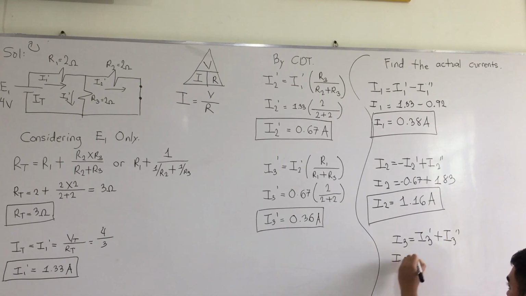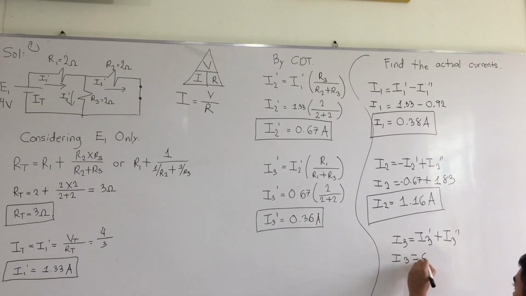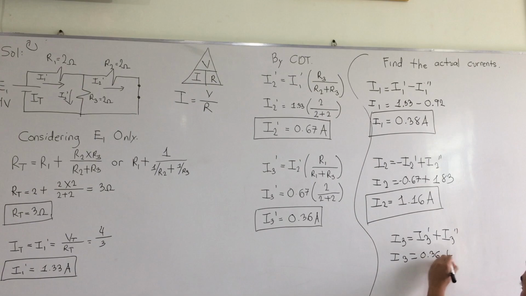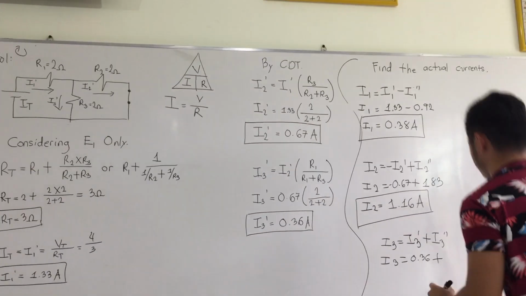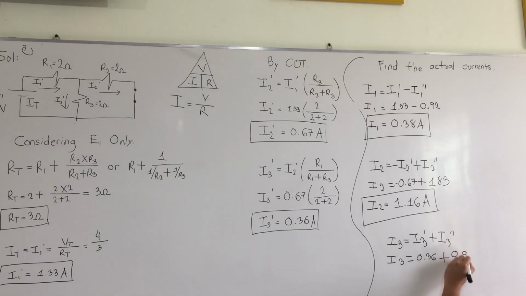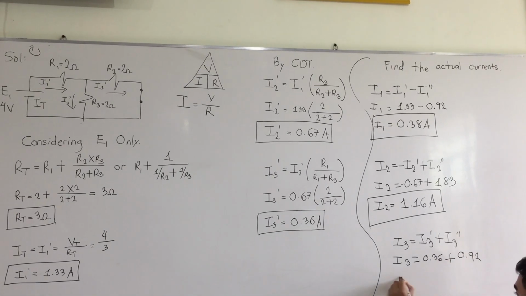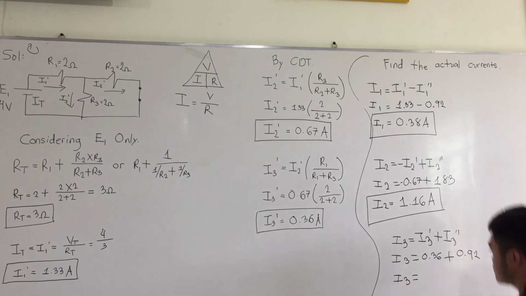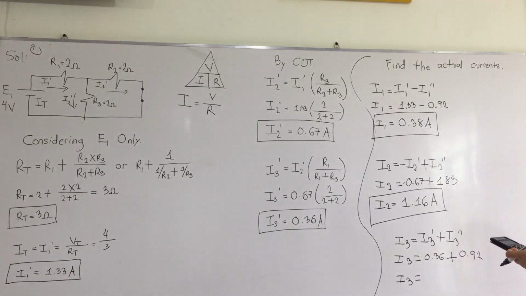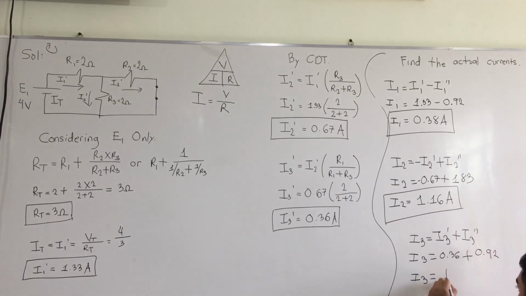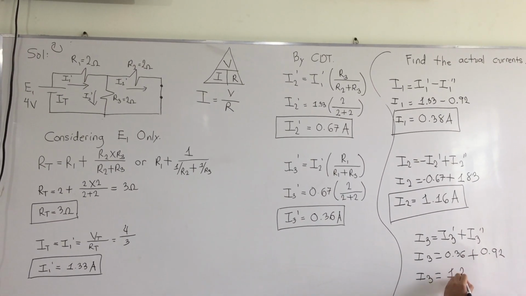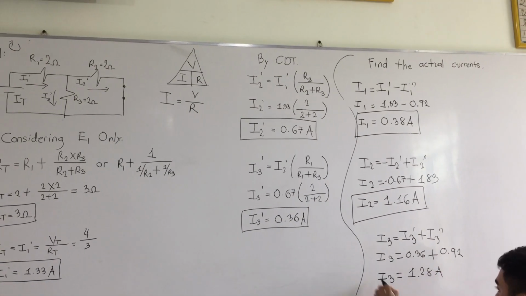So substitute lang natin, our I sub 3 prime is 0.36 plus I sub 3 double prime is 0.92, that is equal to 1.28 ampere.